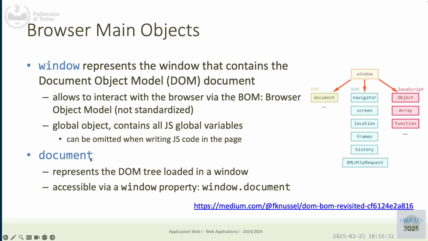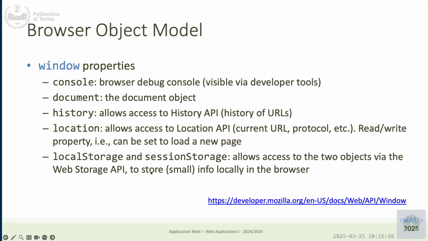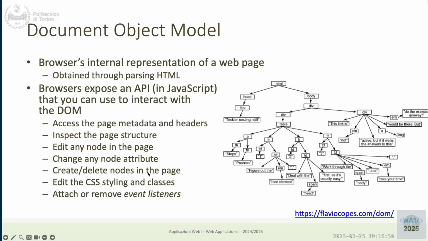And we have another object that constitutes the so-called DOM, document object model, which is far more important, that gives access to the document itself, so the web page itself. So all the aspects of a web page are represented as an object model according to this DOM standard. So what is a document object model?